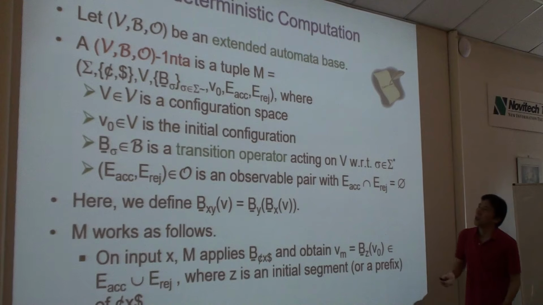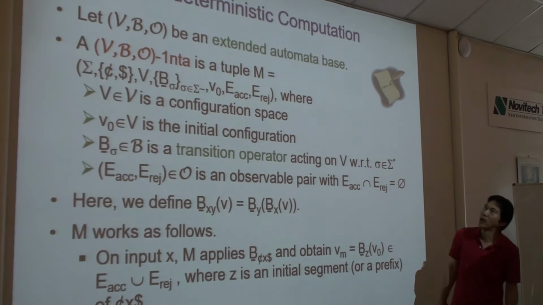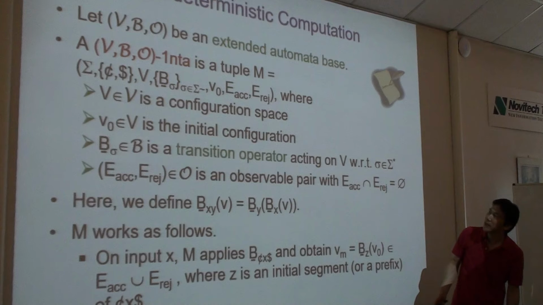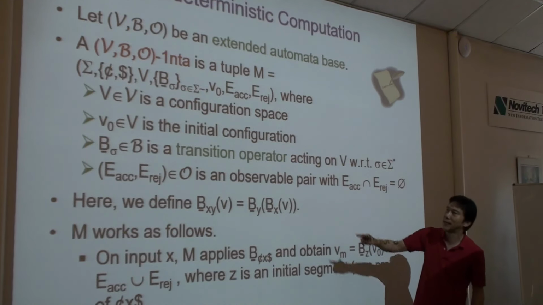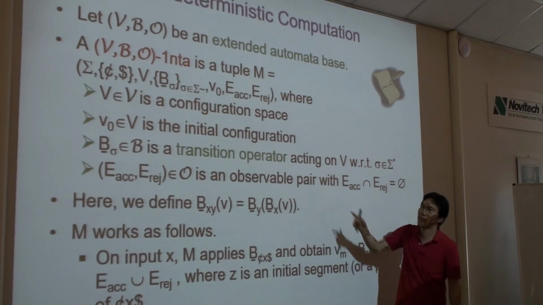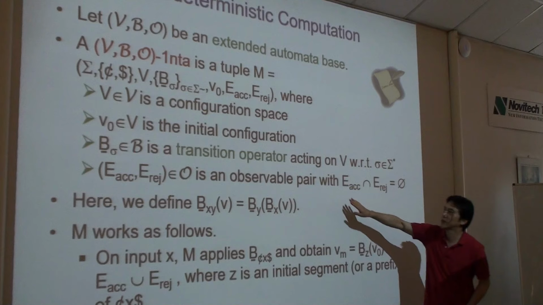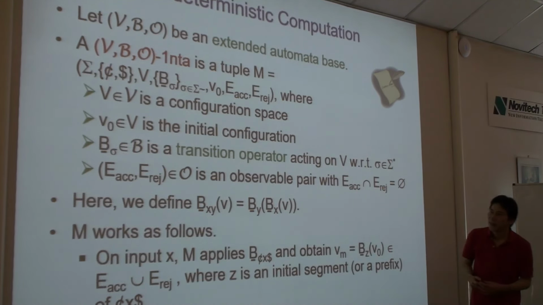So the non-deterministic machine, one NTA, non-deterministic topological automata, is defined in the following way. The only difference between this one and the deterministic one is the transition operator, which has to be a multi-valued operator, and also slightly different acceptance and rejection.